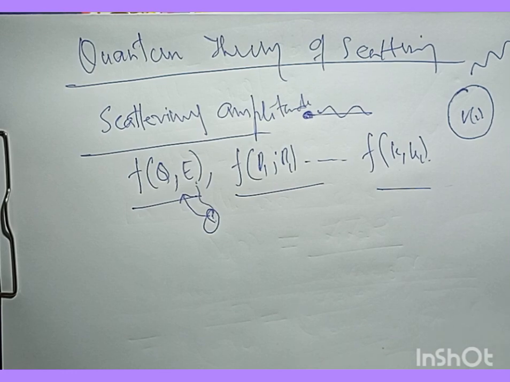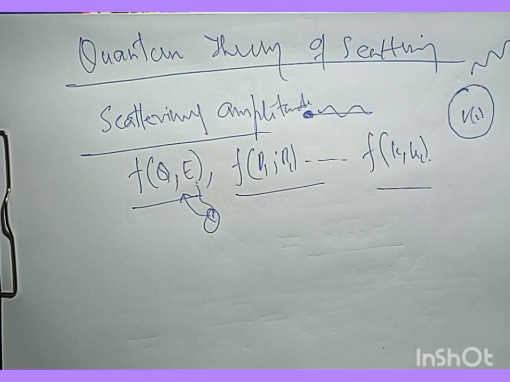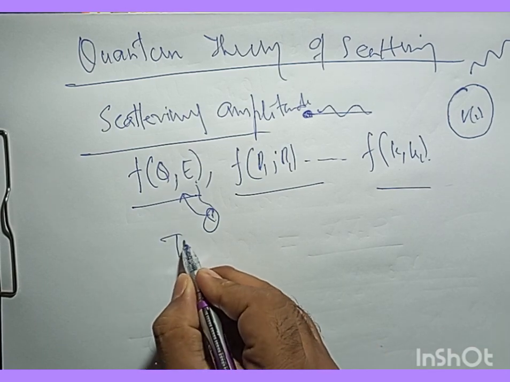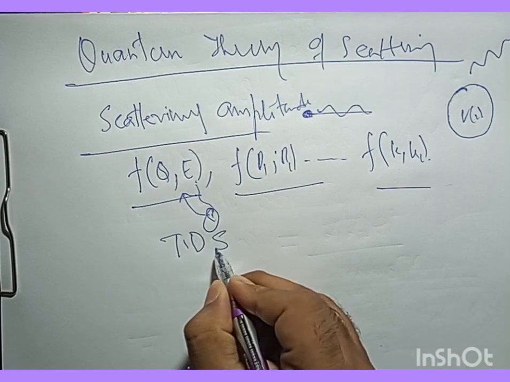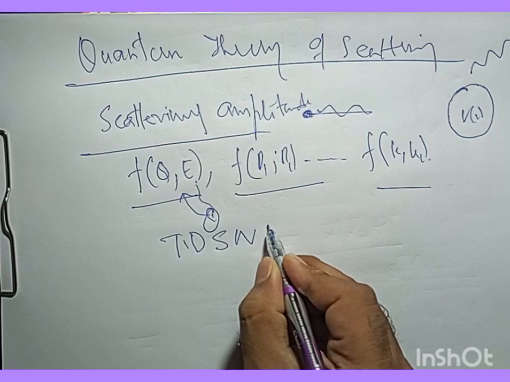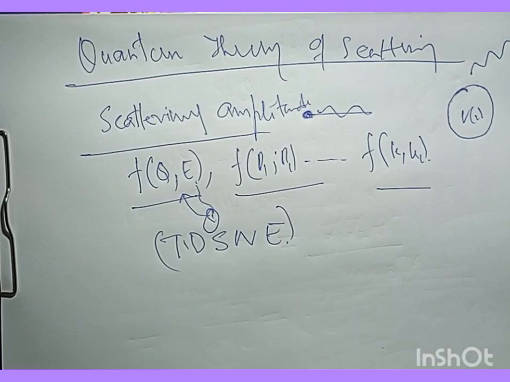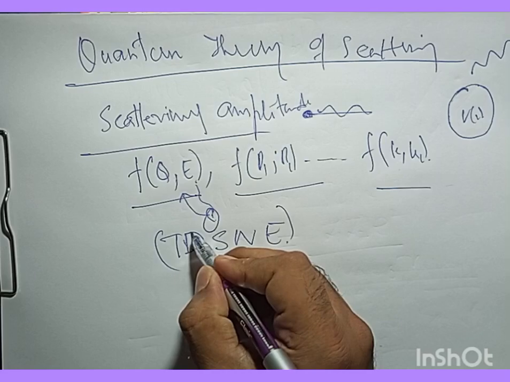Now here in the classical domain, we have the Newtonian equation. But in the quantum domain, the scattering process is described by the time-independent Schrodinger's wave equation.